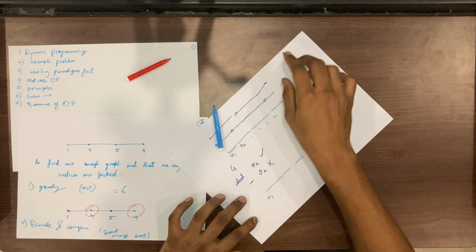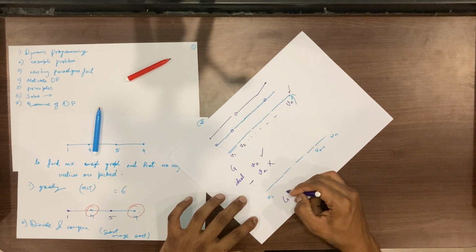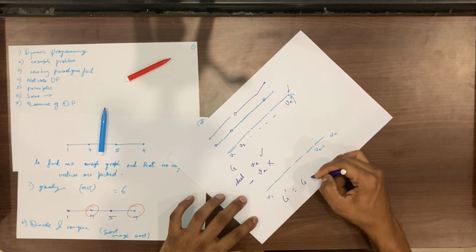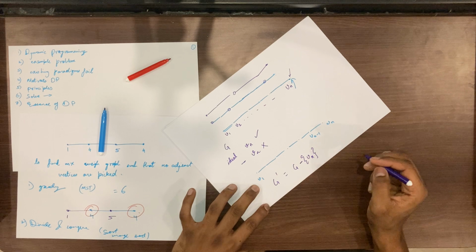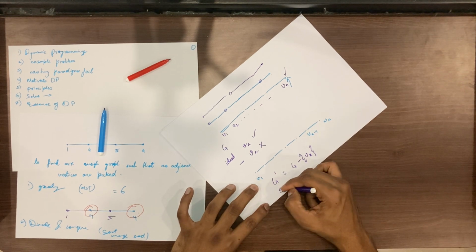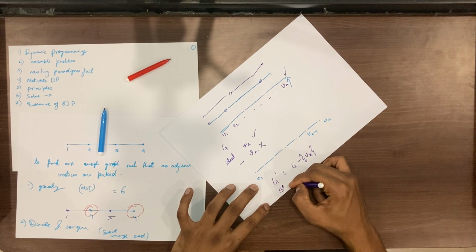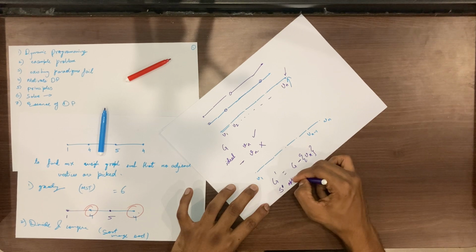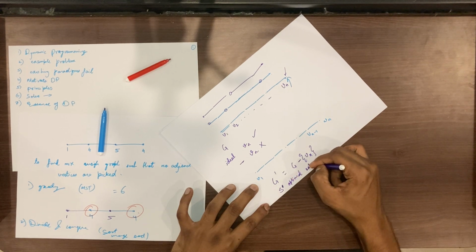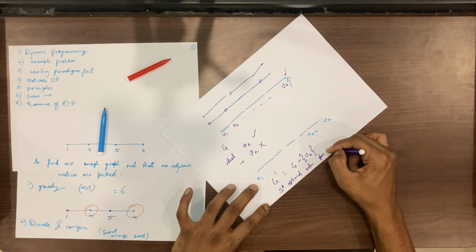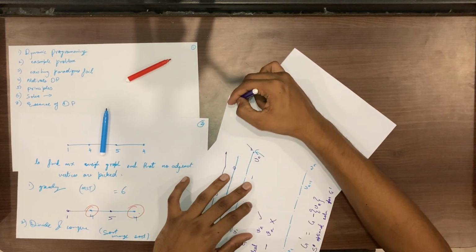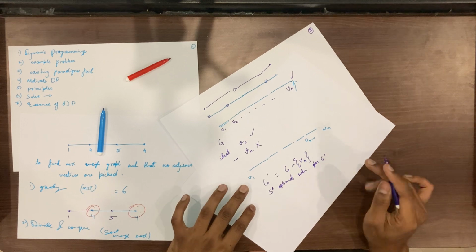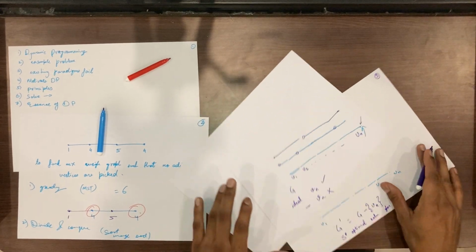So let's say I have a G prime, which I define as G except the last vertex, and let's say my S prime is the optimal solution for G prime.